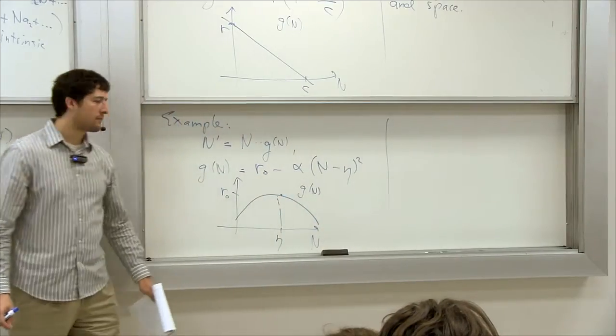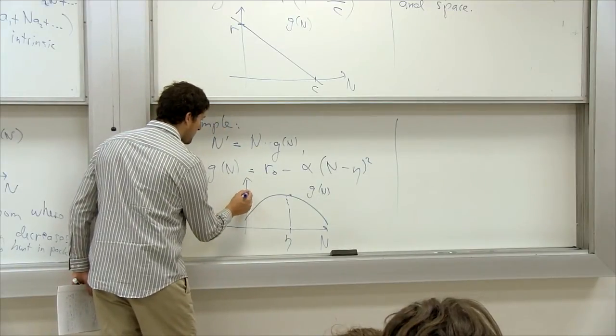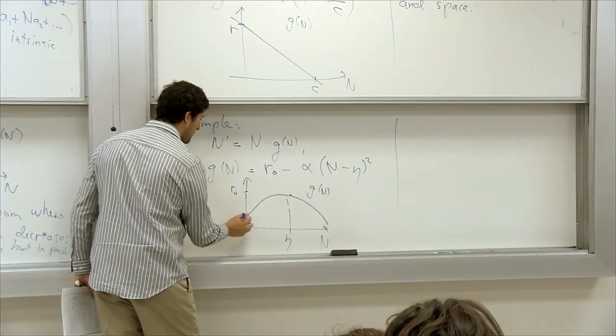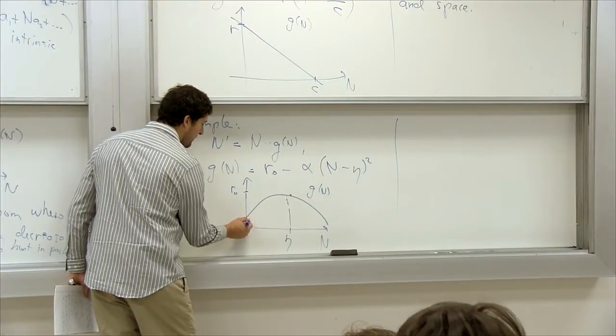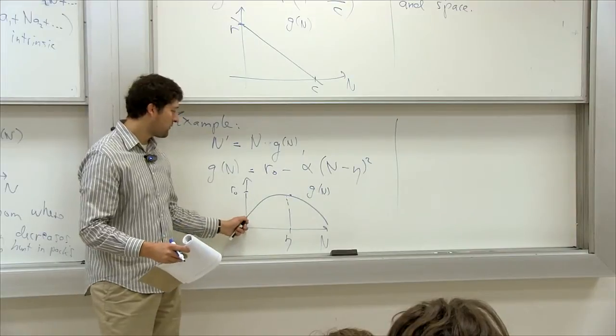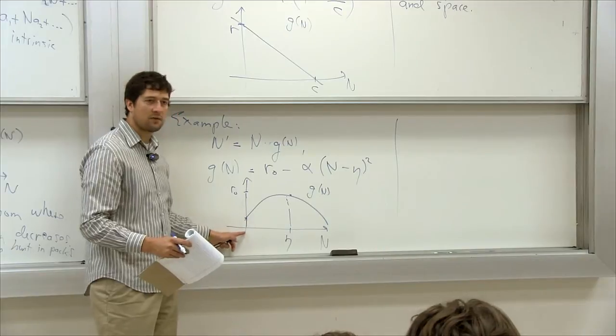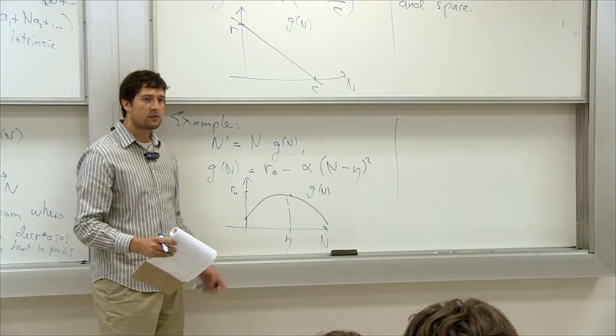So there you go. Okay, and hopefully the rate of growth is still positive here. I mean, alpha cannot just be anything. Ideally, the rate of growth is still positive. Otherwise, it's going to be very hard to start a population.